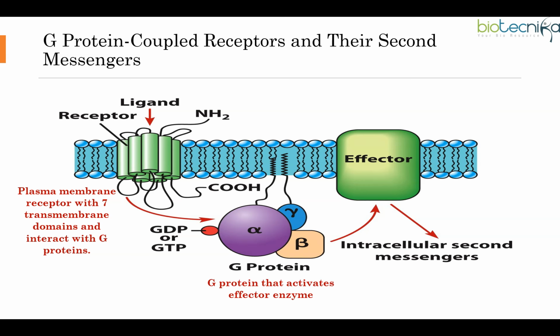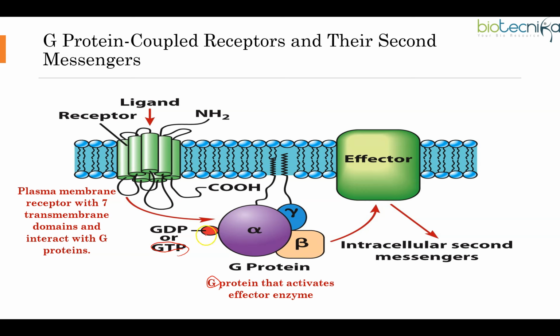Next is the G protein. The G protein is the mediator which will be activating the effector enzyme. Okay. So here the G protein consists of three subunits, which are alpha, beta and gamma. It is called G protein because a GTP is linked with this protein.